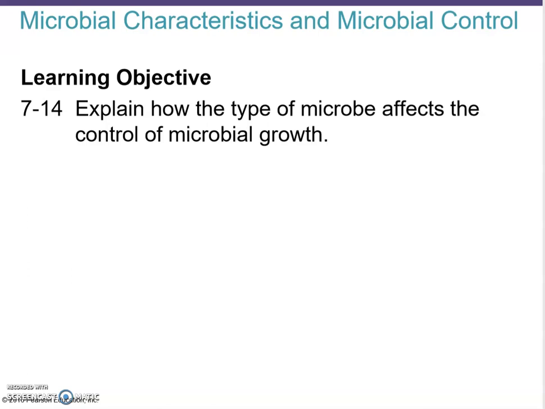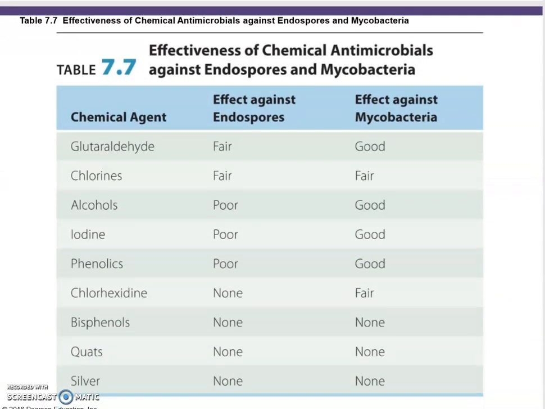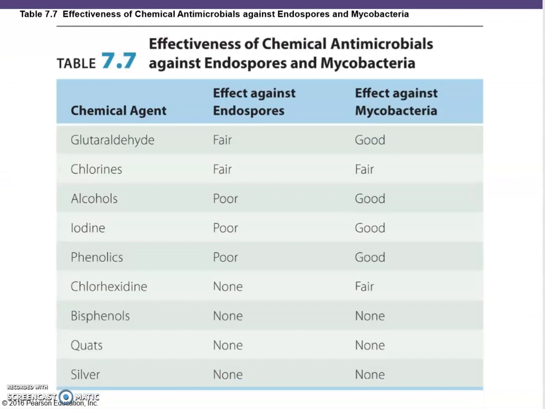So you can't use the same antimicrobial substance for everything. There are better and not so good choices for each antimicrobial agent and for each microbe as well. So here is a chart that shows you the effectiveness of chemical antimicrobials against different types of bacteria.